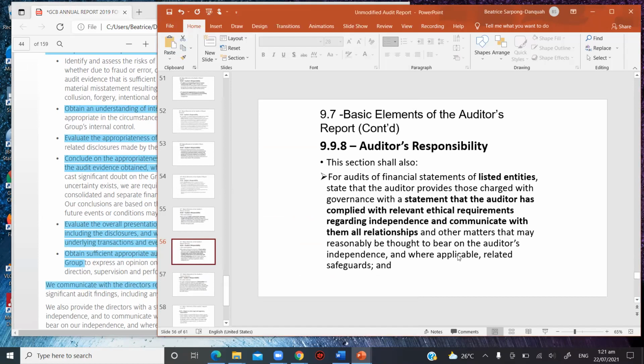And for audits of financial statements of listed entities, they have to state that the auditor provides those charged with governance with a statement that the auditor has complied with relevant ethical requirements regarding independence, and communicates with them all relationships and other matters that may reasonably be thought to bear on the auditor's independence.